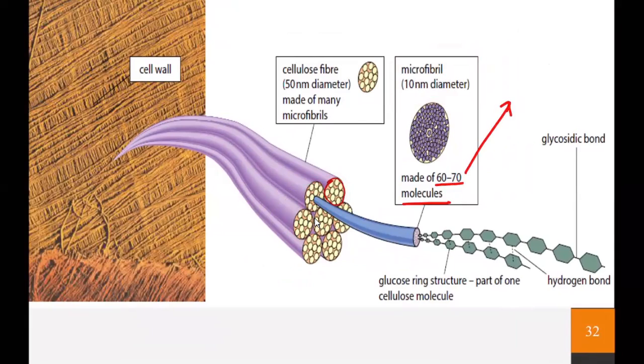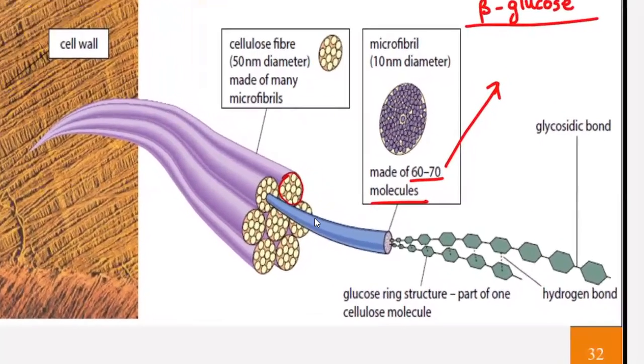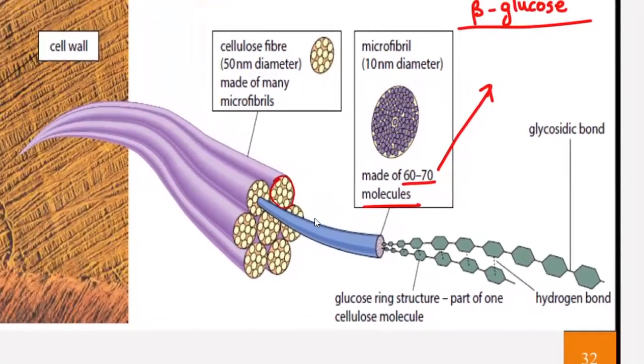And you know the structure of one cellulose molecule, because one cellulose molecule is actually what? It is made up of many beta glucose units, right? Now let's go further down and see how this looks. 60 to 70 cellulose molecules.